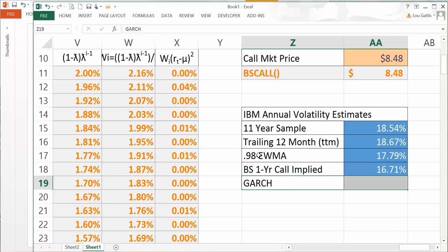GARCH might give an estimate that's close to this, based on your parameters, but if this value is, say, lower than the long-term average estimate of volatility for IBM, GARCH may have this number be a little bit higher. So the idea of GARCH is it accounts for autocorrelation, but it also has a mean reversion term that will adjust it a little bit towards the long-term mean volatility over time.